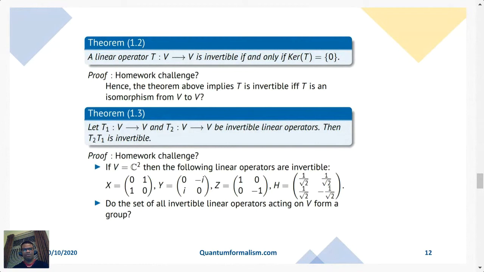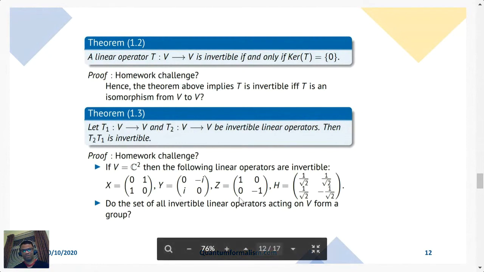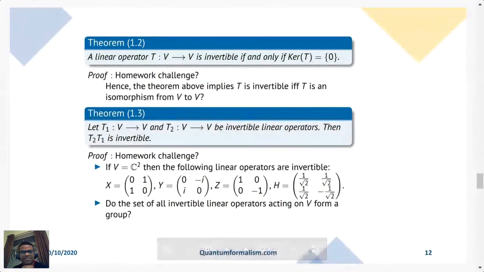Now, early on you could take a group structure, for instance. Do you think that the set of all invertible operators forms a group? Who thinks yes? That the set of all invertible operators is a group?